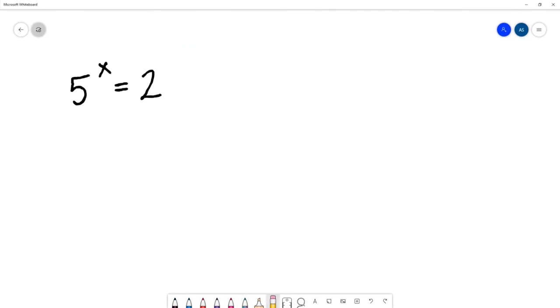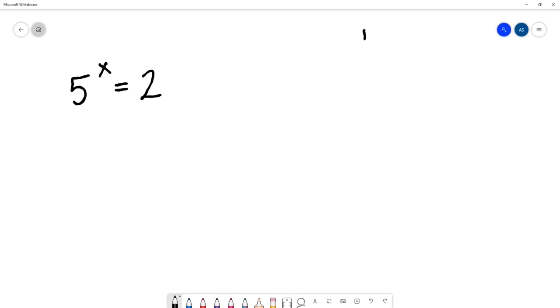On this example, we have an exponential equation, 5 to the x equals 2. We want to solve this exponential equation for our variable in the exponent, x. And there are 3 methods that we typically use to solve exponential equations.